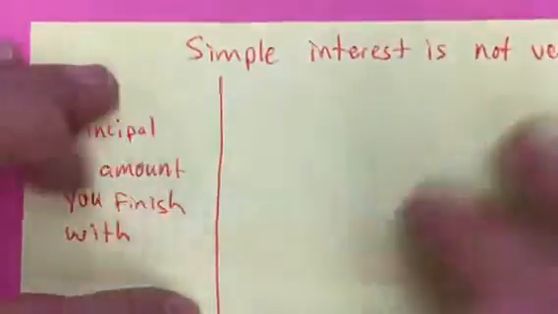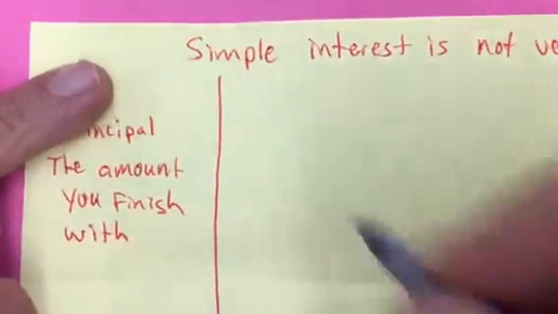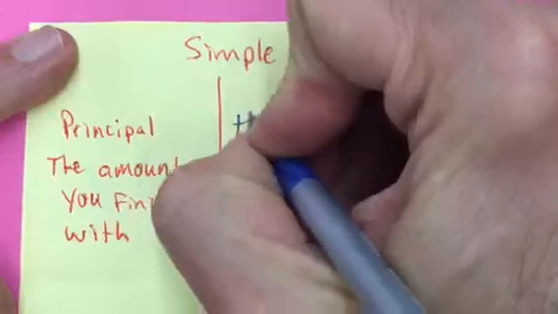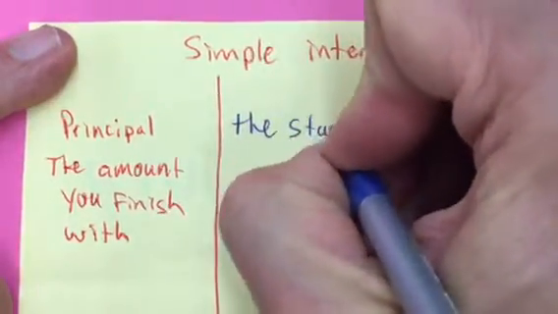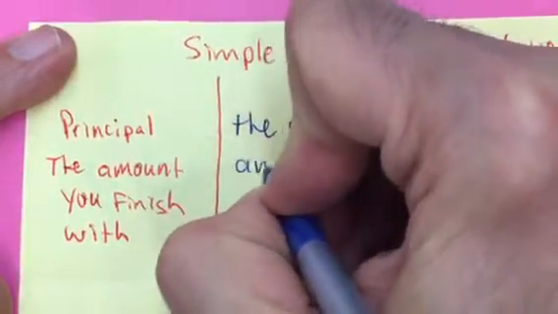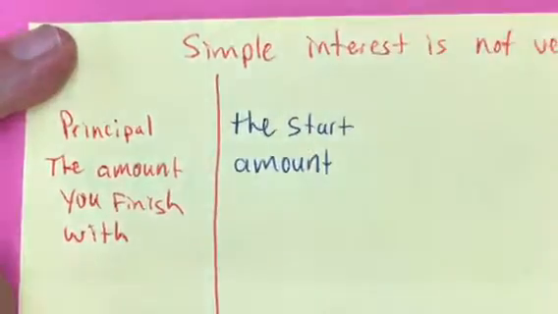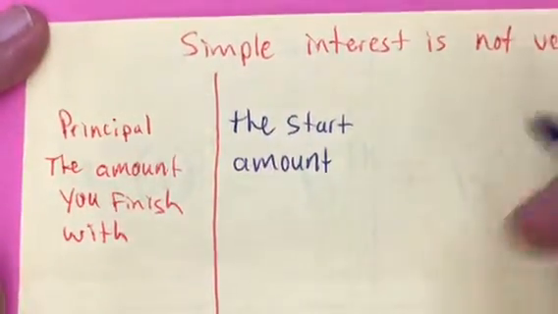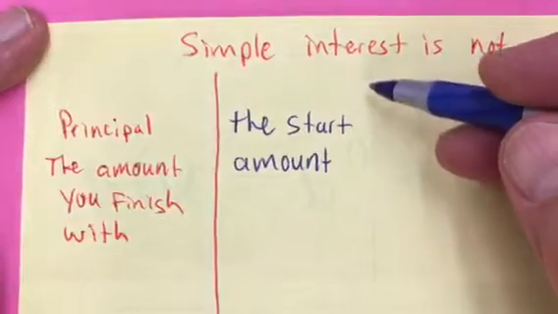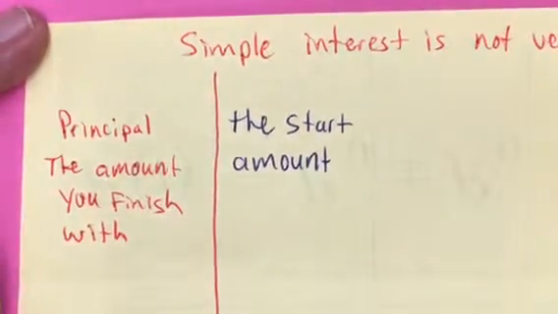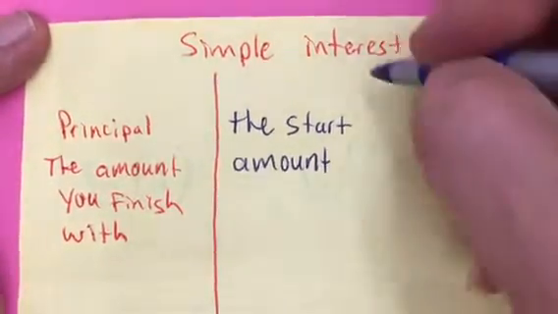This P naught is the starting amount. So, if you put $500 in the bank, this is your $500 that you put in the bank. That's your starting amount.